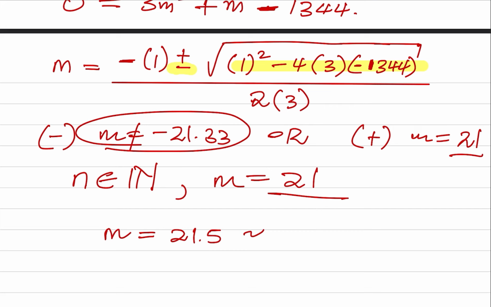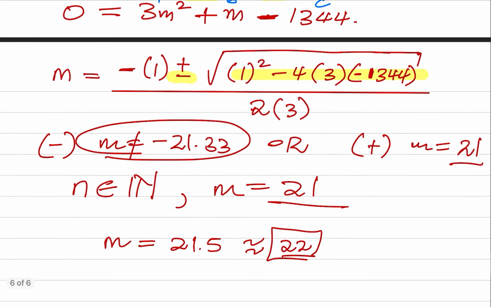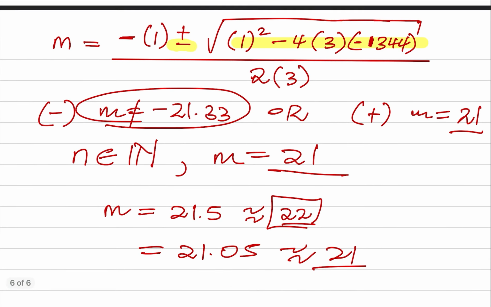So this should be 22. You need to convert this to a whole number. We do not look for decimal numbers. We just want whole numbers when we deal with n there. Let's say it was 21,05. So that means this is just 21. Please make sure that you know this off by heart.